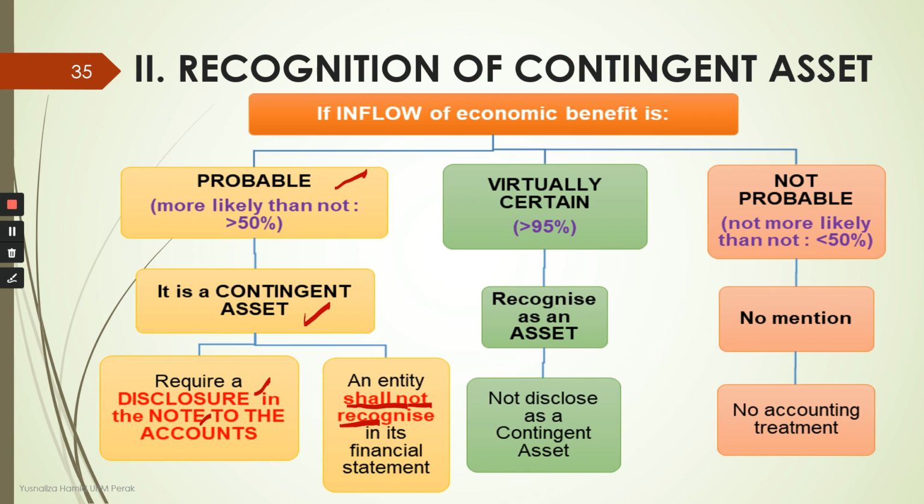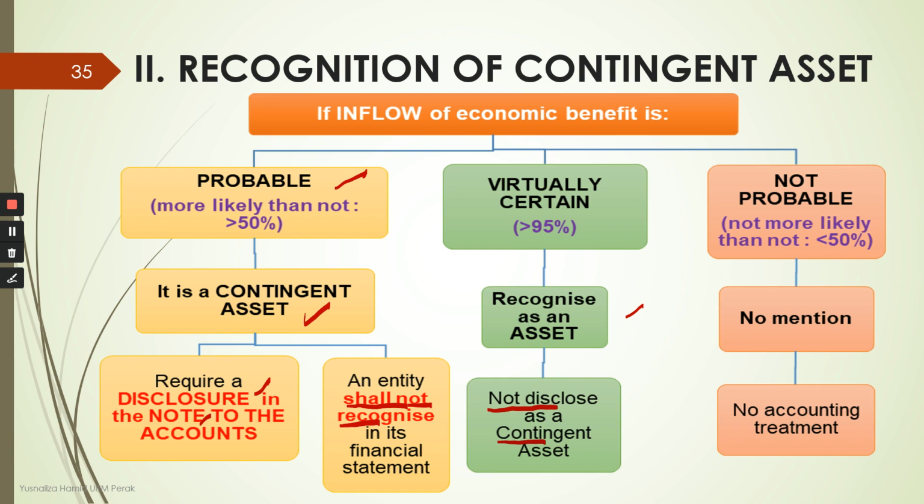So once you are virtually certain, that is not a contingent asset, and that must be recorded as an asset. Let's say that was a compensation that you will be earning. In that case, you will debit compensation receivable and credit compensation income. So you recognize the asset, and that is not going to be disclosed as a contingent asset.